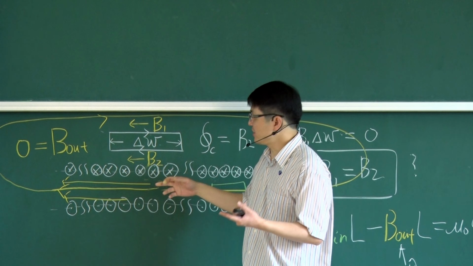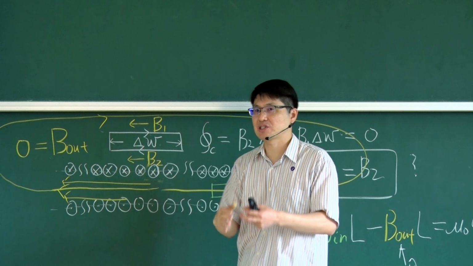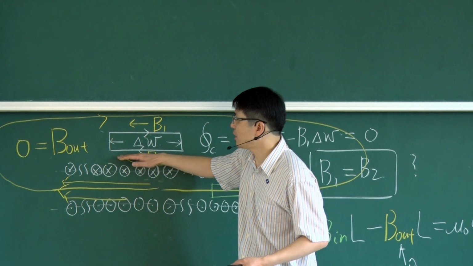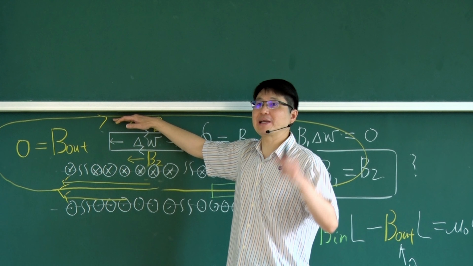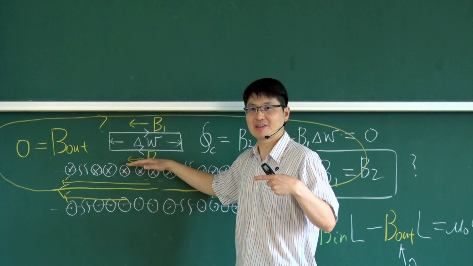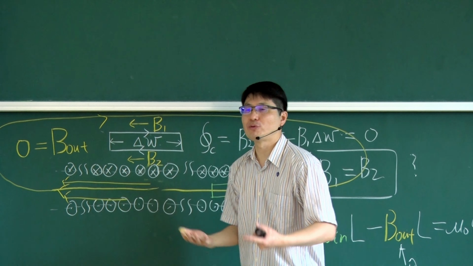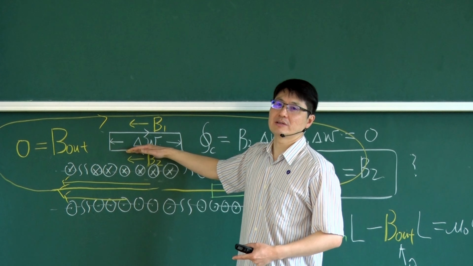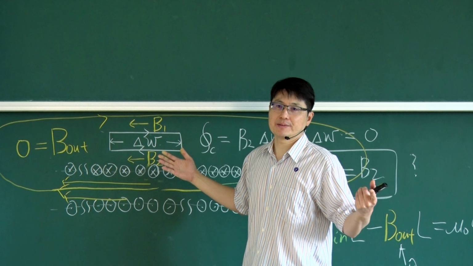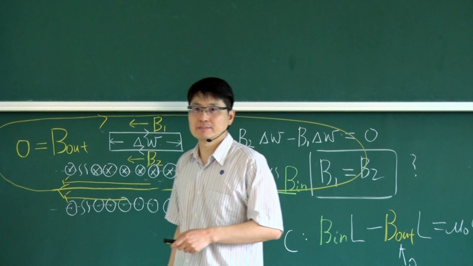So the distance between the Earth to the sun is so long. Basically, all the fields are penetrating the sun and not Moon, not Mars, not Earth. And therefore, we say, here, outside, there's no field line. Okay?